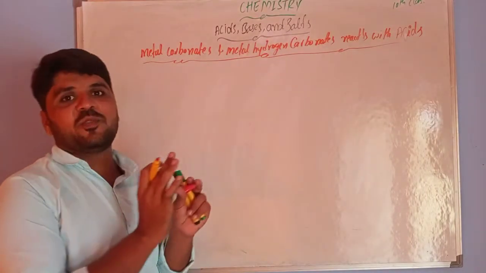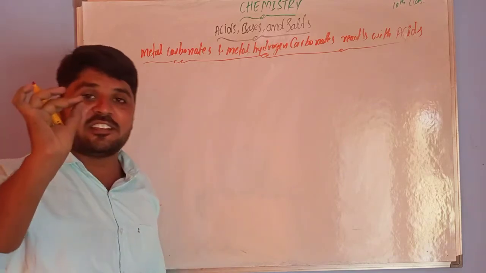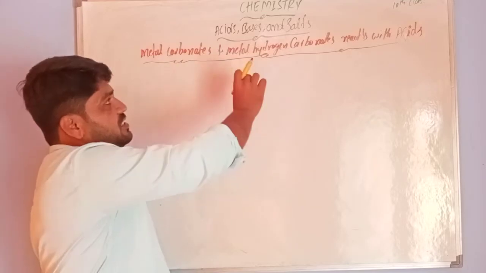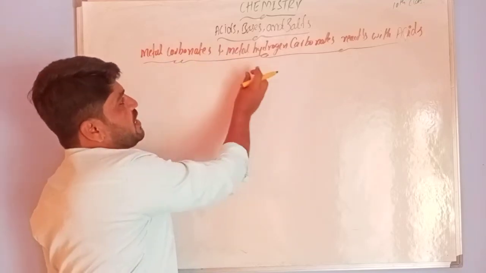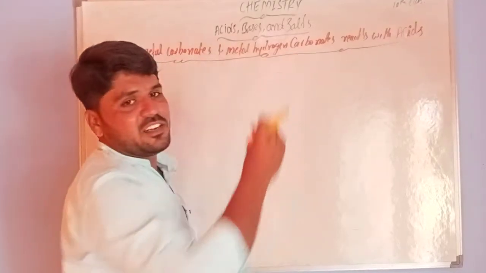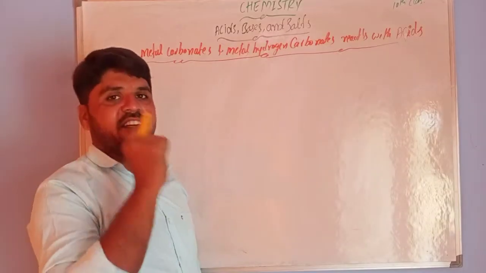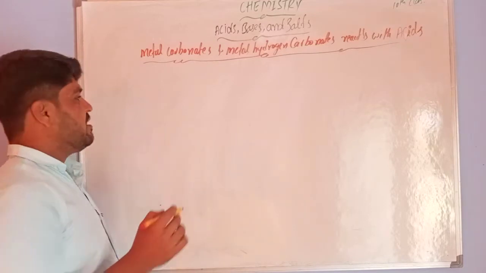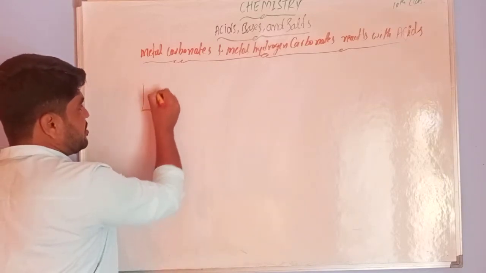Please write down what we write on the board. Very simple chemical reactions. For a better understanding of how metal carbonates and metal hydrogen carbonates react with acids, we have an activity, an experiment. For this experiment, we need two test tubes.